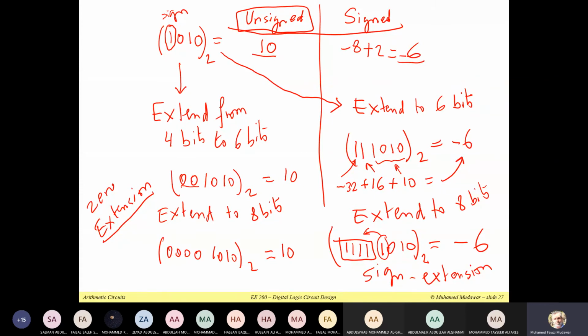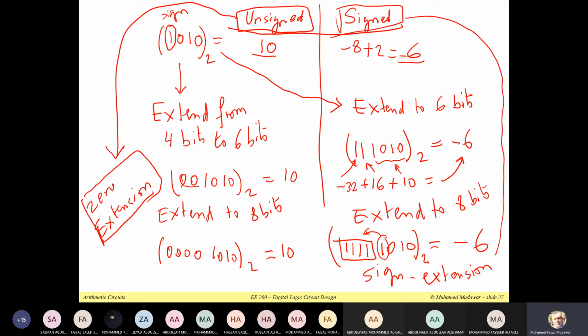If the number is unsigned, we use zero extension to extend the number. If the number was signed, we cannot really use zero, we have to use sign extension. So we extend according to the sign bit.